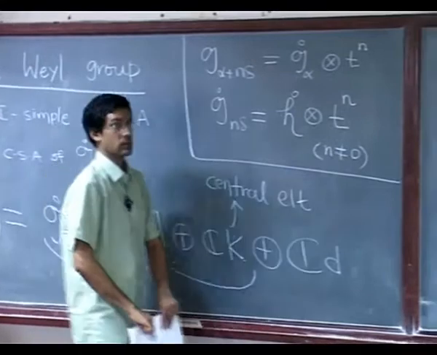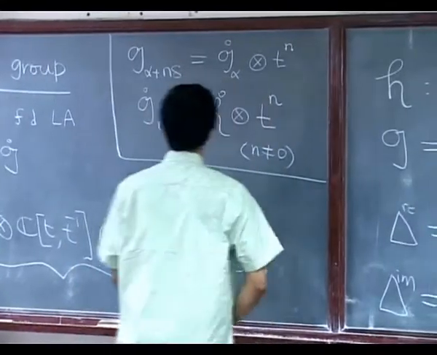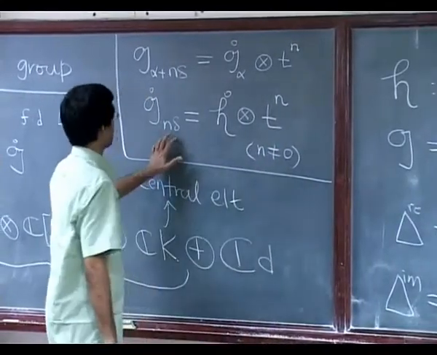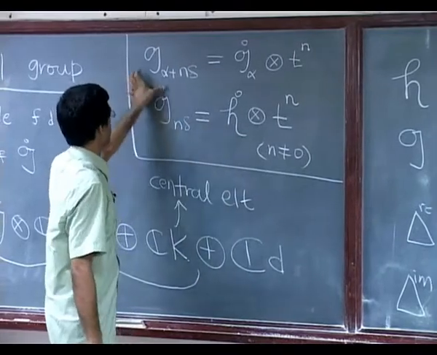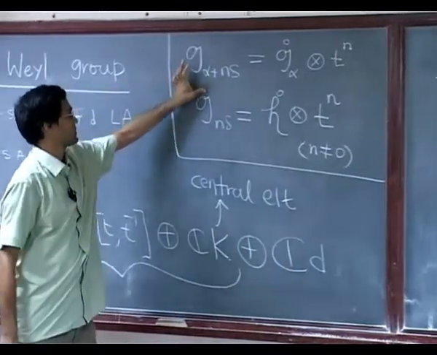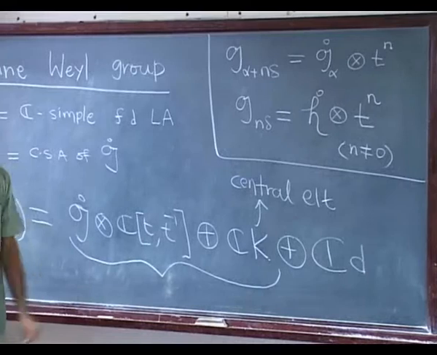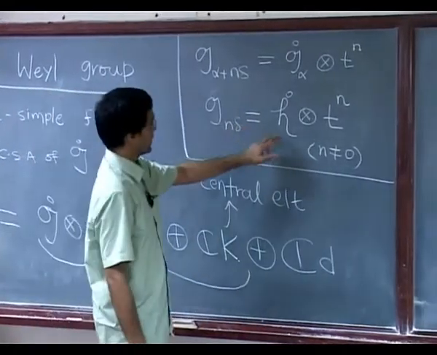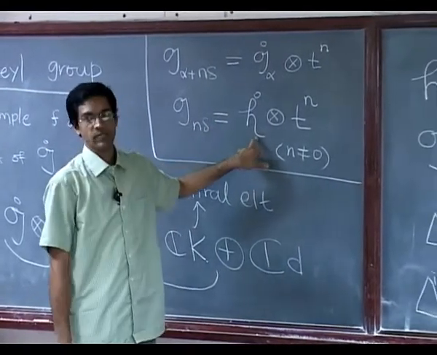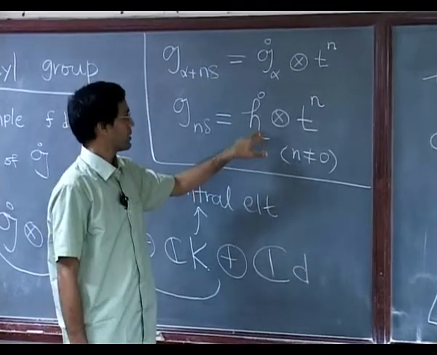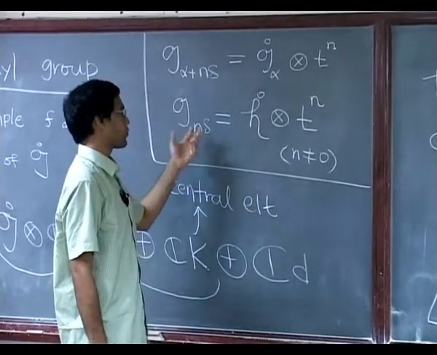Okay. So G n delta is H naught, which is the 0 root space of G naught, and so you're thinking of n delta as 0 plus n delta.